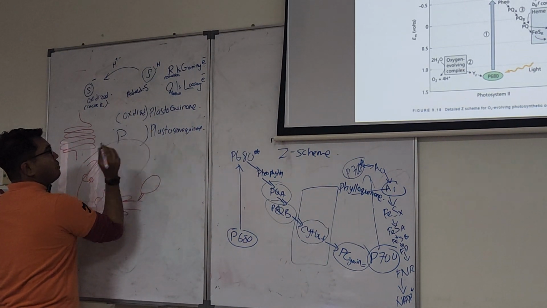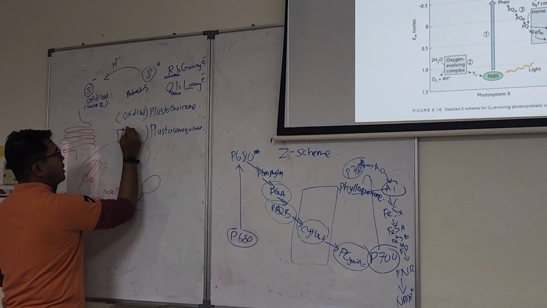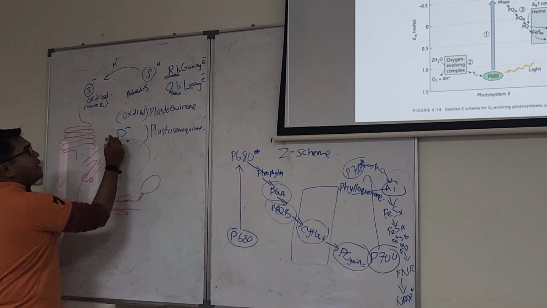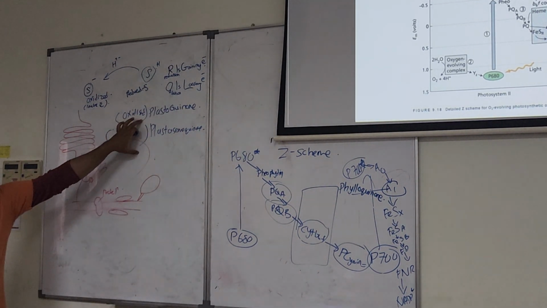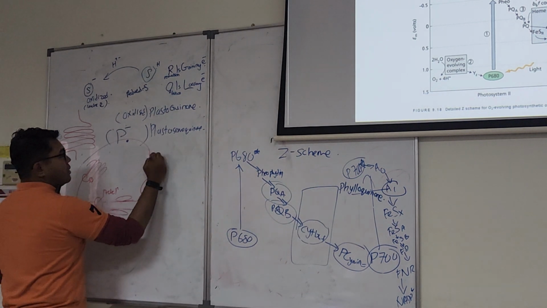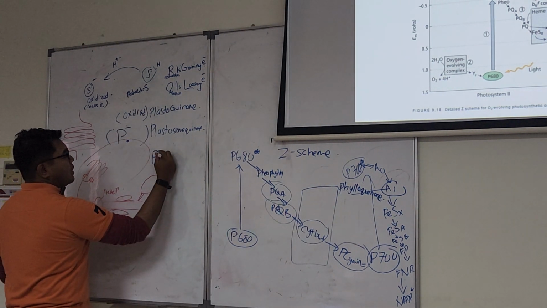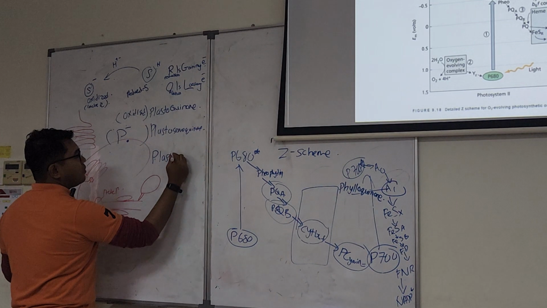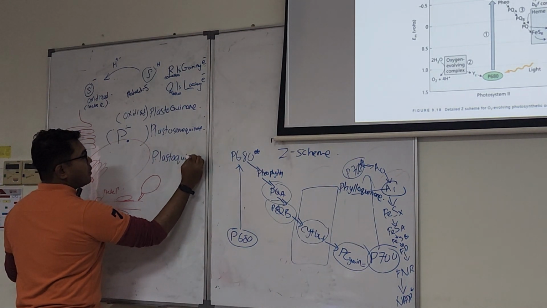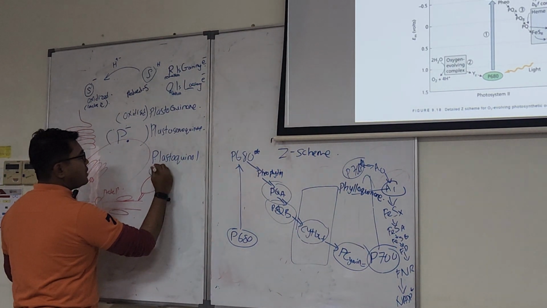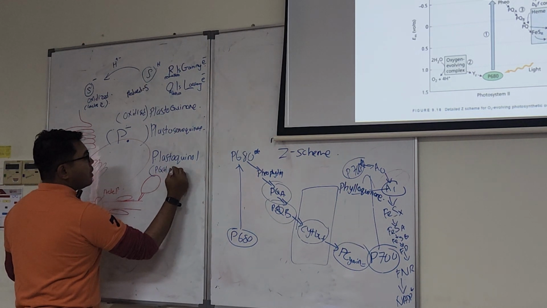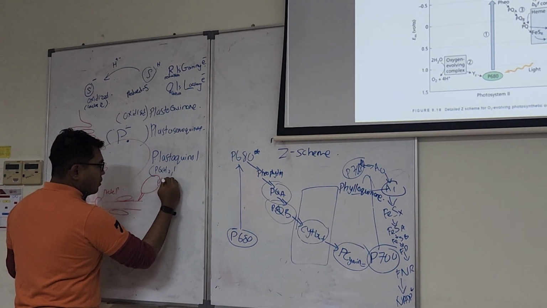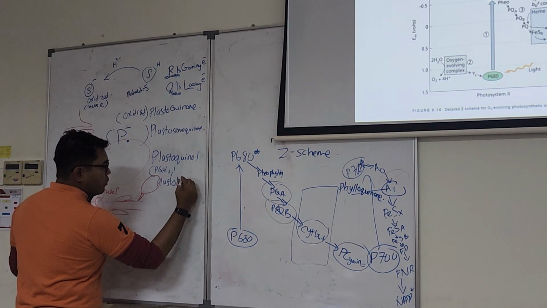The symbol becomes like this because it only has one electron coming to it, but the moment it is filled with hydrogen, it becomes plastoquinol, or I think in the book it's called PQH2, plastohydroquinone.